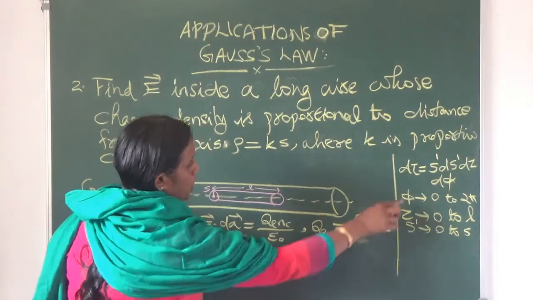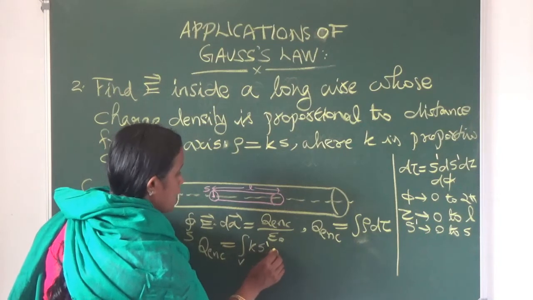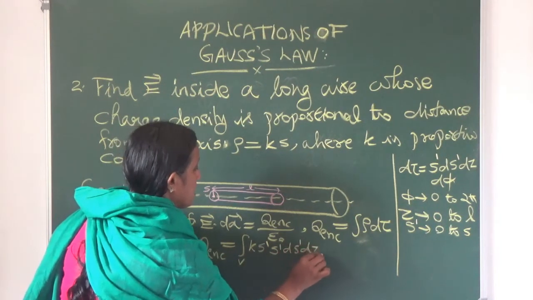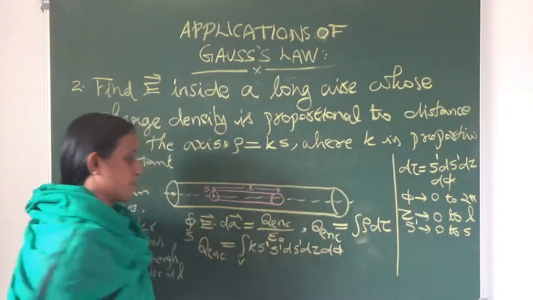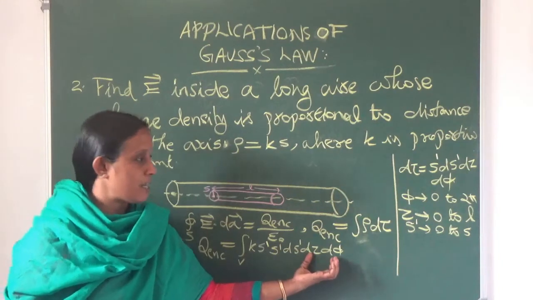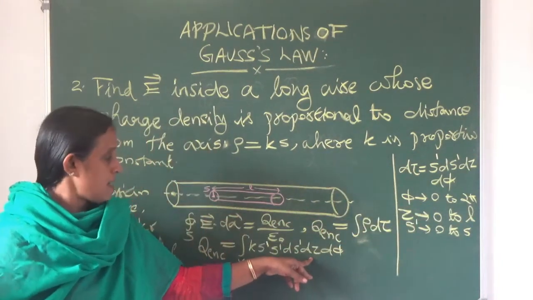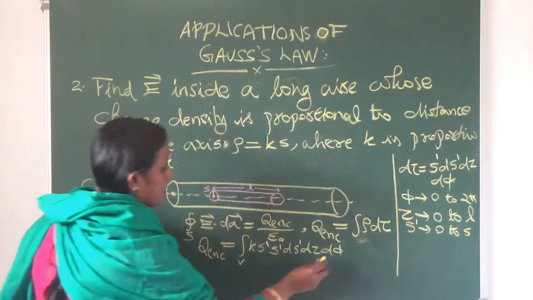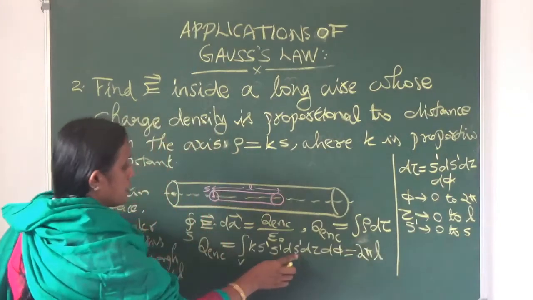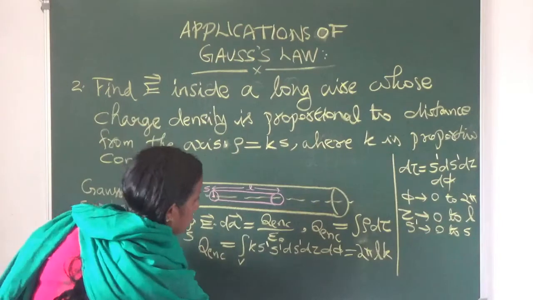Now d tau is given by S prime dS prime dz d phi. Now dz d phi gives you 2 pi L. This integral gives you 2 pi L K.